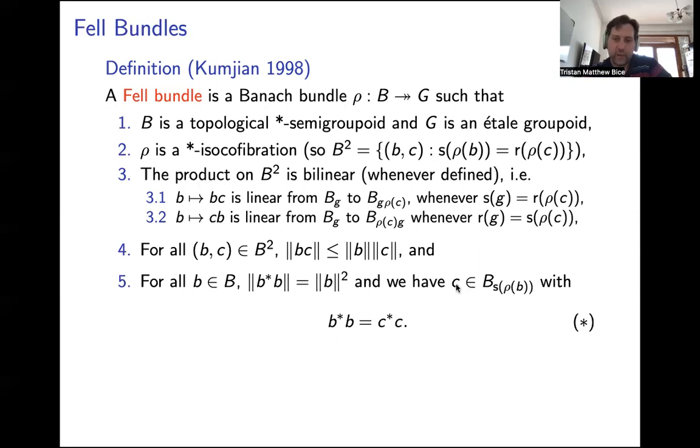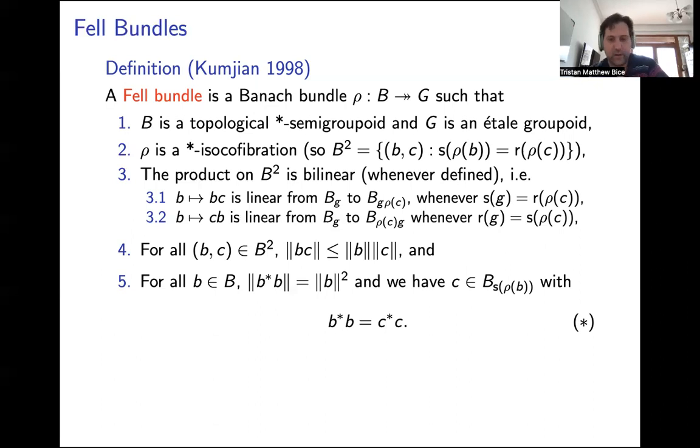And moreover, whenever we have some B here, we always want to be able to, in a sense, replace B with C, an element in a different fiber, within the fiber corresponding to the source of rho B, and yet still get exactly the same star product, if you like. Okay. So the last condition, I guess, is probably the least obvious.